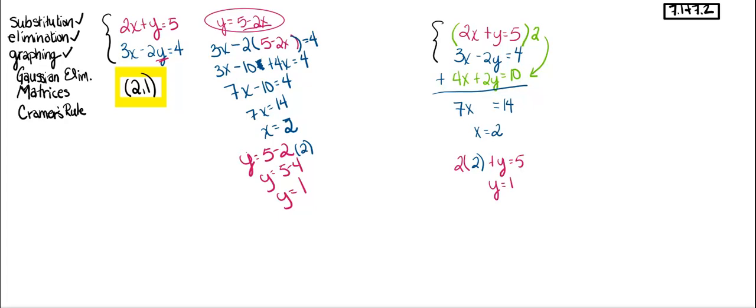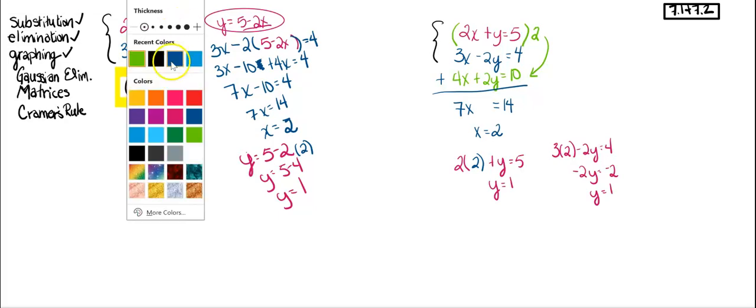But I could have said 3 times 2 minus 2y equals 4, and 3 times 2 is 6, and if I subtract that from both sides, I get negative 2y equals negative 2, so y equals 1. So any way I use it, I still get y equals 1 no matter what I do.